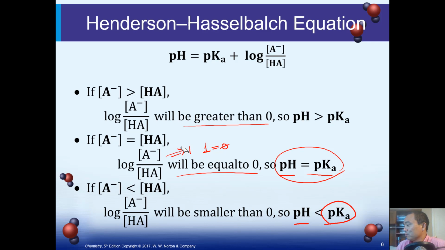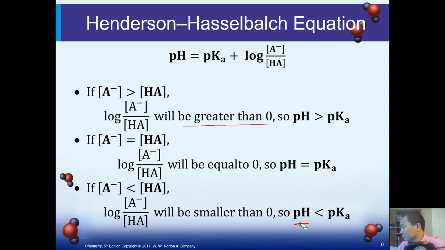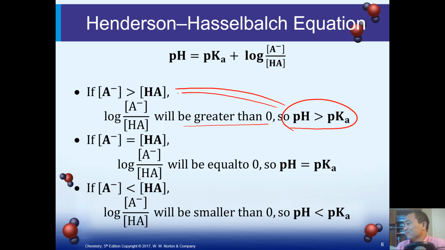So if you have a pH buffer and the pH for that solution is greater than pKa, then you can draw the conclusion that you have more base component than acid component in that buffer.